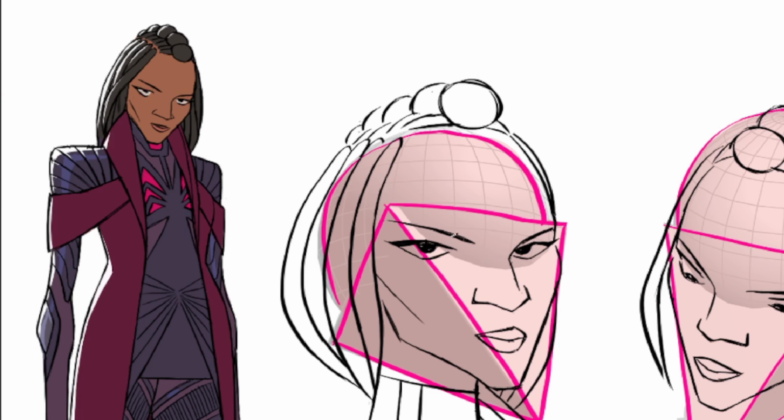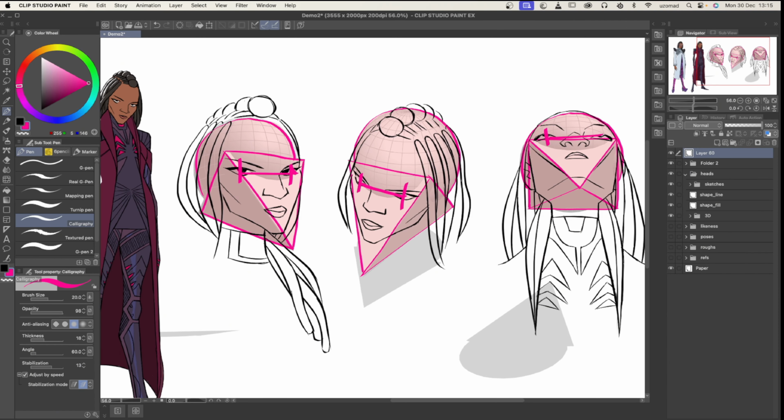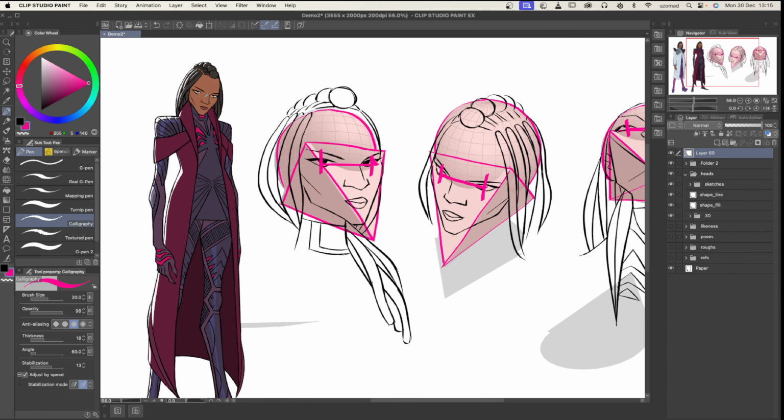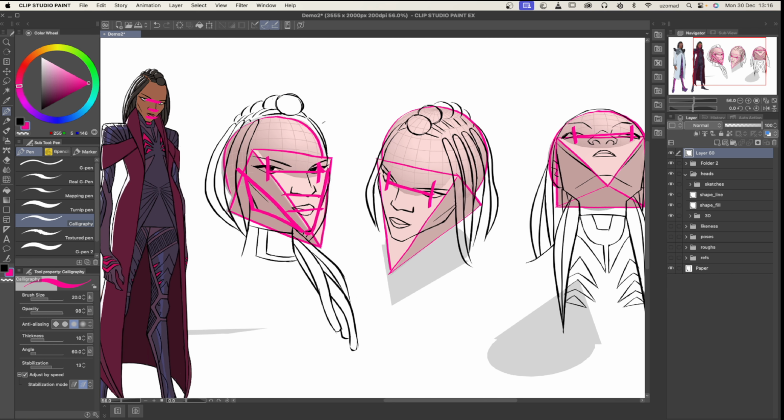So we have to pay attention to that when doing these drawings, keeping the eyes far apart. And then also we have to look at the gaps between the eyes and the nose and the lips. These gaps are really important, and we pay attention to them when designing as well. Also paying attention to the shape of the jaw, the jawline. This requires a lot of observation while drawing, and that's the intuitive part of it.